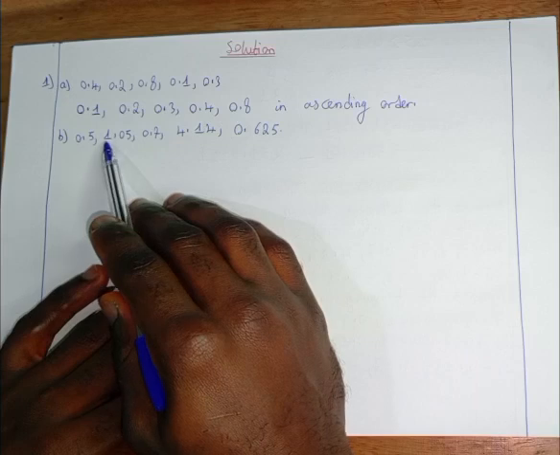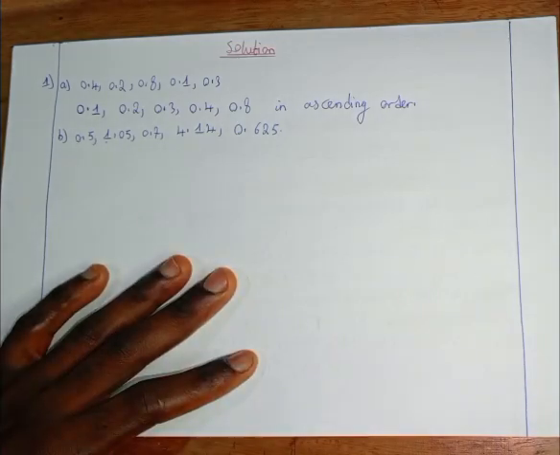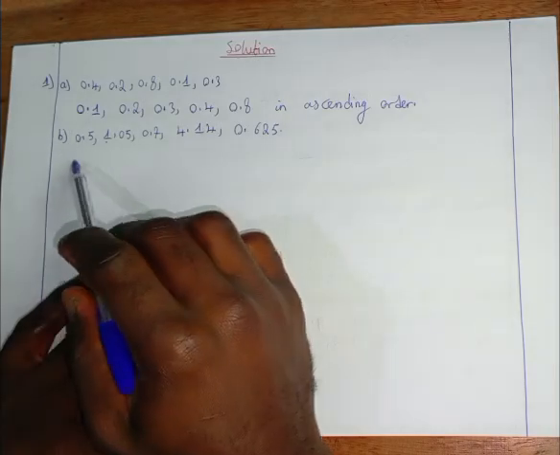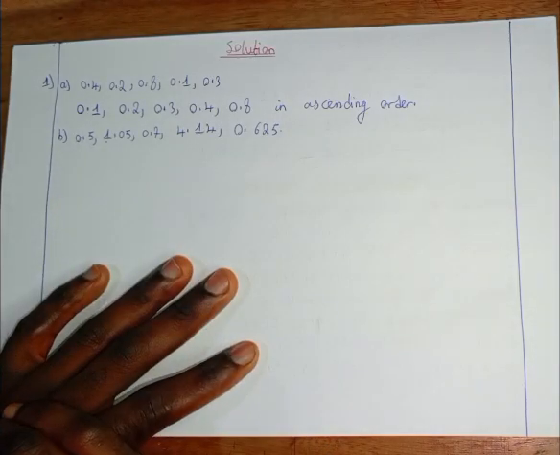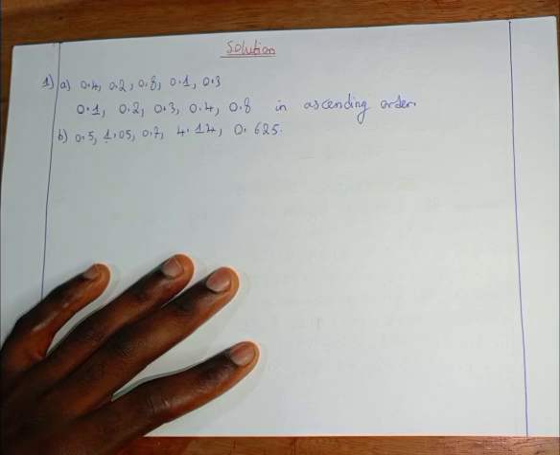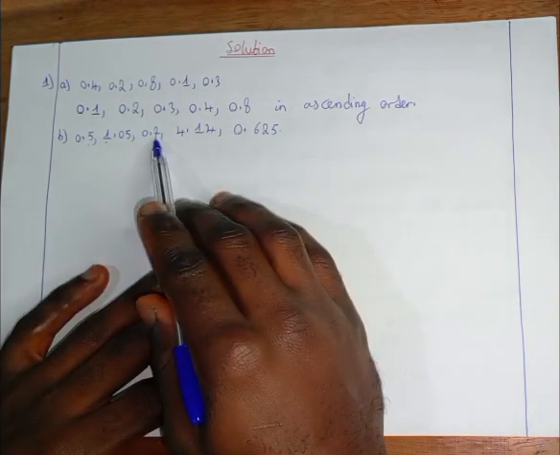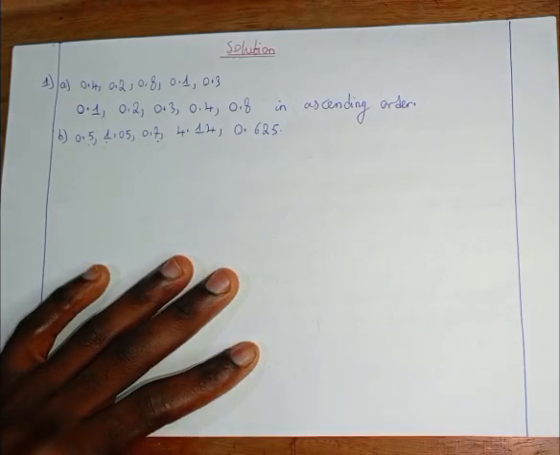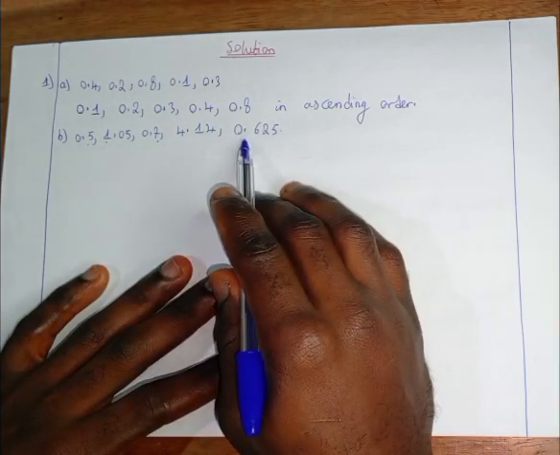You know 0 is less than 1, 0 is less than 4. Now for the decimals with whole number parts 0, for us to get the smallest, we are going to compare their first digits after the decimal point. Here we have 5, here we have 7, here we have 6. 5 is less than 7, 5 is less than 6.